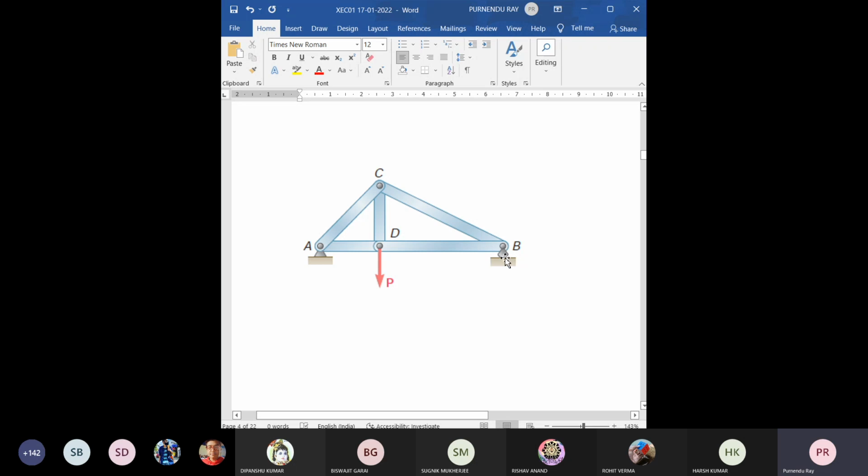It is not connected, not grounded, not fixed there. It is simply resting on a horizontal surface. So only normal, only perpendicular to this surface. If instead of this horizontal platform it was some inclined platform, then that reaction will be only perpendicular to that. There cannot be any inclined reaction, only perpendicular reaction.